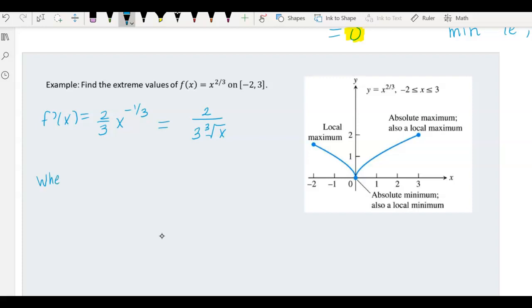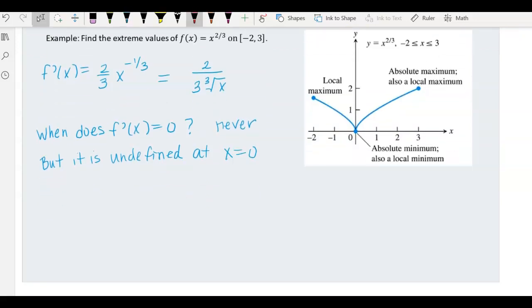So when does the derivative here equal 0? Well, it looks like never, right? But it is undefined at x equals 0. So a critical number shows up in two possible places. One, when the derivative is equal to 0, or two, if the derivative is undefined.